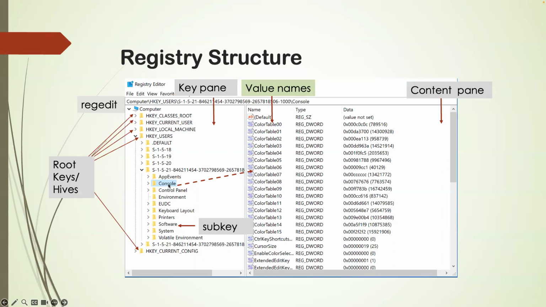If you click on any of these, you can see that you have a different content pane for each of them. This is stored in the form of key and value. So your keys are here and their actual content, or their values, is here. This is the value name. You can have multiple values for one folder or one key, and you can see the name of the file and the data that is there on each particular file.